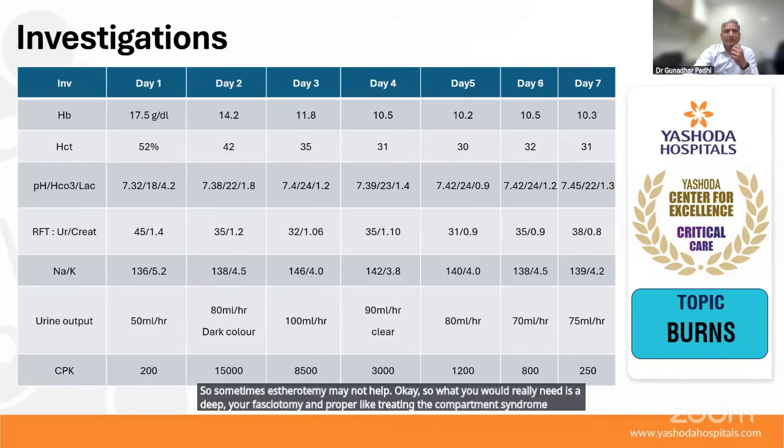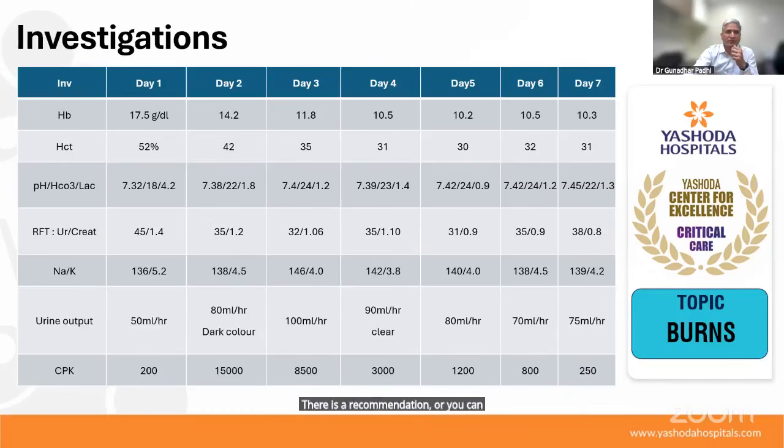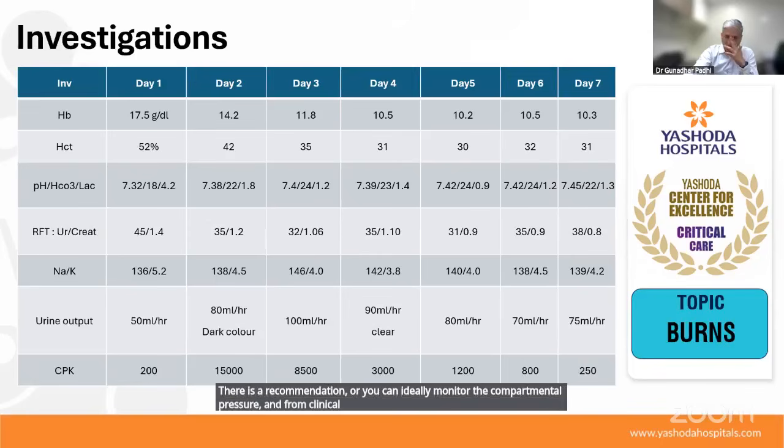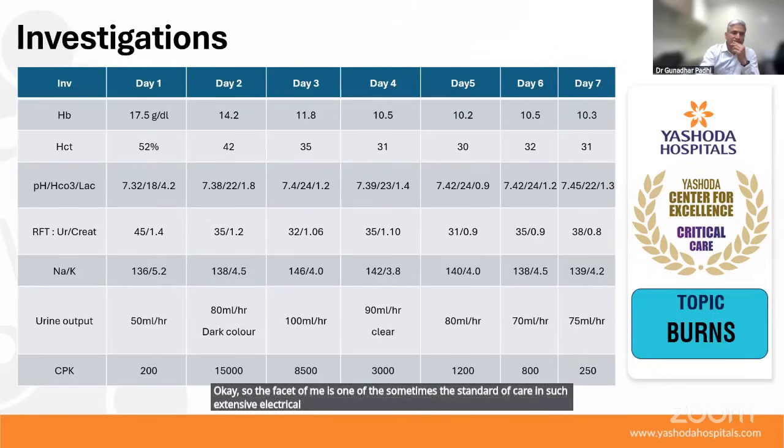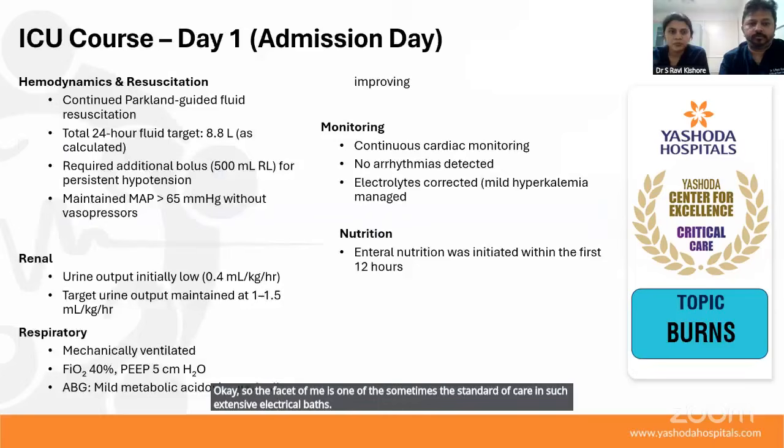They may also go into delayed compartment syndrome, so compartment syndrome may happen after 5 to 7 days. That is why you have to keep a very close watch. You can ideally monitor the compartmental pressure, clinically and also from your biochemical parameters. So fasciotomy is sometimes the standard of care in such extensive electrical burns. Okay. Yes.